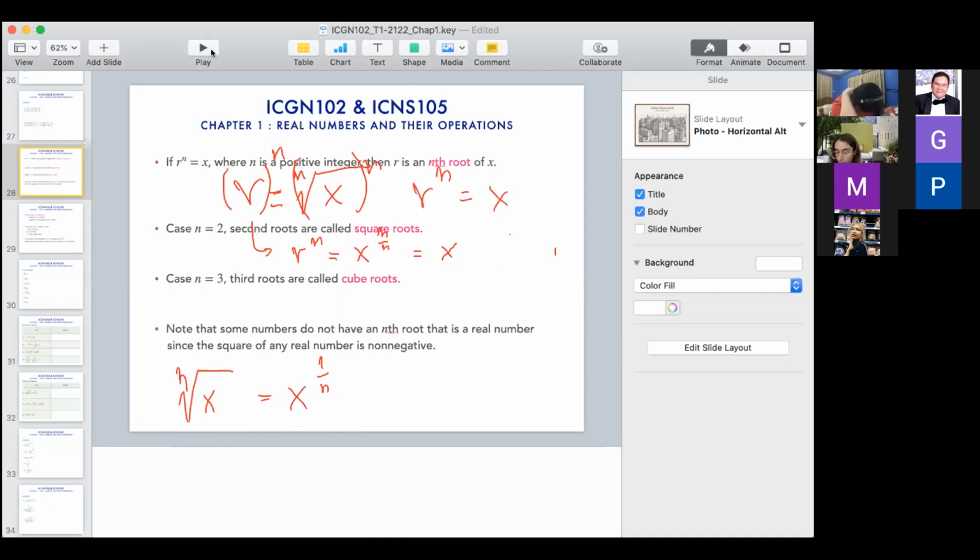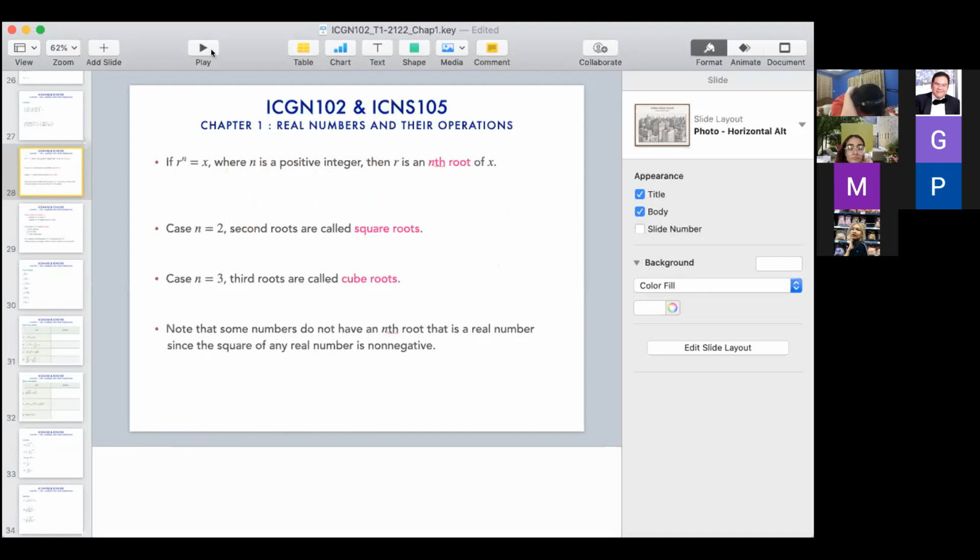For the case of n equals 2, we call it the square root.